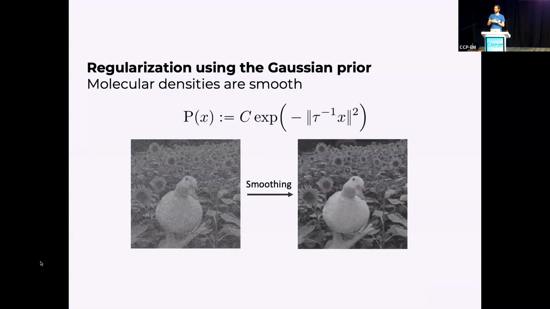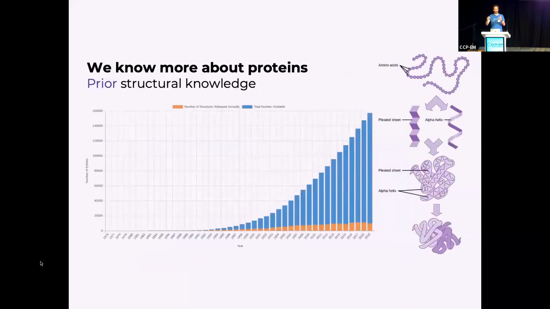But of course, we know much more about proteins than that their density varies relatively slowly when you move from one point in real space to the next. Thanks to all your efforts and those of many crystallographers before you and NMR spectroscopists, we have accumulated a wealth of knowledge about what protein and nucleic acid structures look like. All of this data is accumulated in the PDB and now recently also in the EMDB.